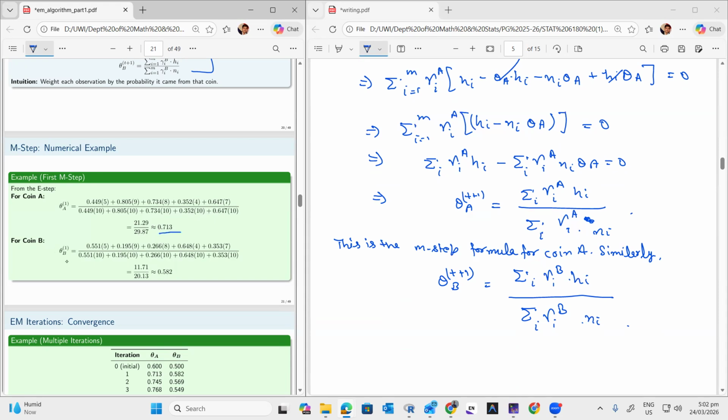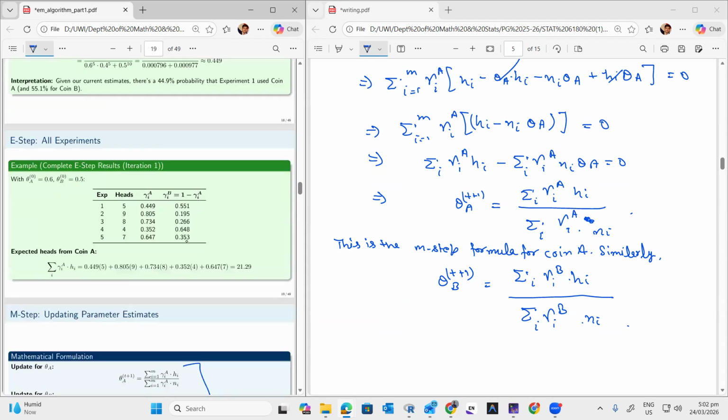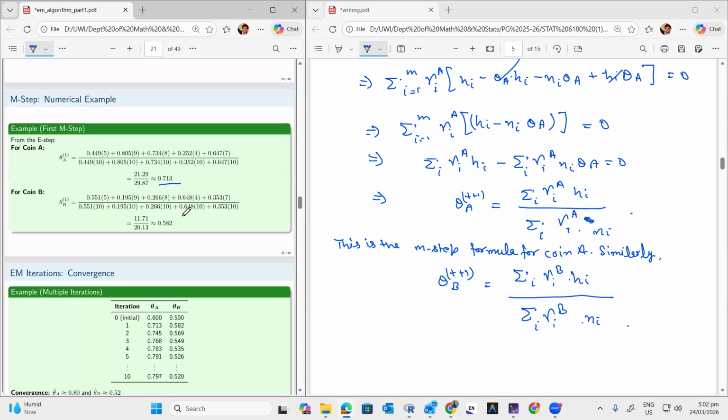And similarly for coin B, we will calculate here. The probability of success was 0.551 into 5 plus 0.195 into 9 plus 0.266 into 8 plus 0.648 into 4 plus 0.353 into 7 divided by 0.551 into 10 plus 0.195 into 10 plus 0.66 into 10 plus 0.648 into 10 plus 0.353 into 10.